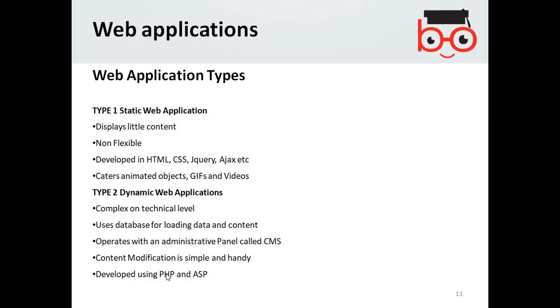In other words, the browser output that you get as a user is in either case static, because the page content on your browser is not changeable. However, if the server is serving a static page, it would be directly loaded from the server to your browser.